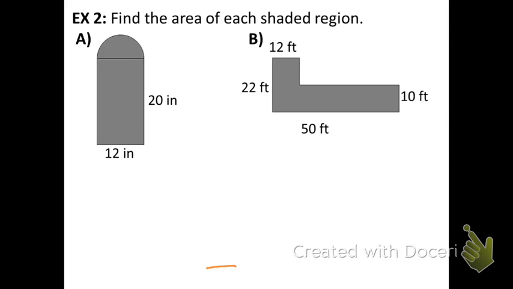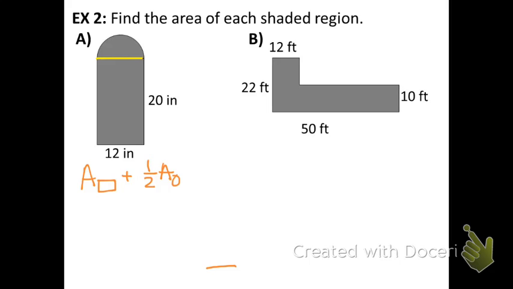On example 2, you're going to look at the shapes and try to find the area given there. If you can, you want to split them up into shapes that you can see. So right here I broke this one up so that you can see that we have a rectangle. So I'm going to take the area of a rectangle plus half the area of a circle.